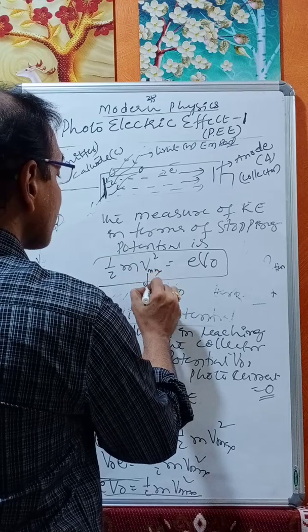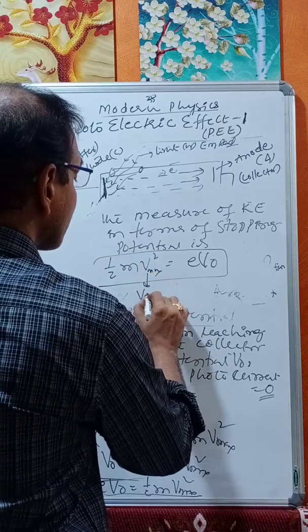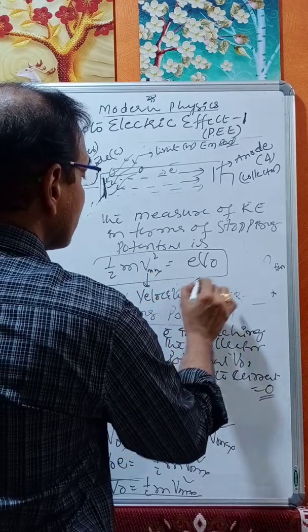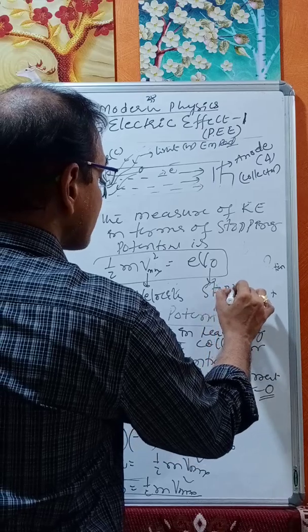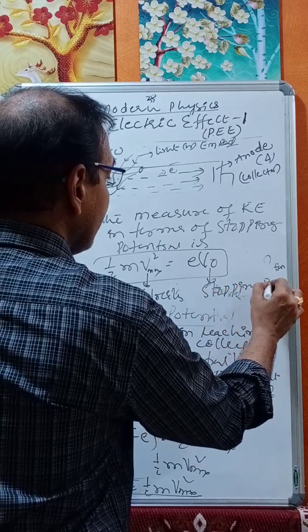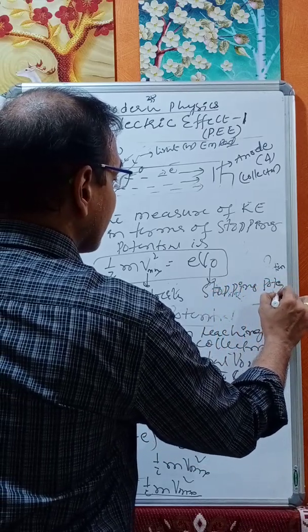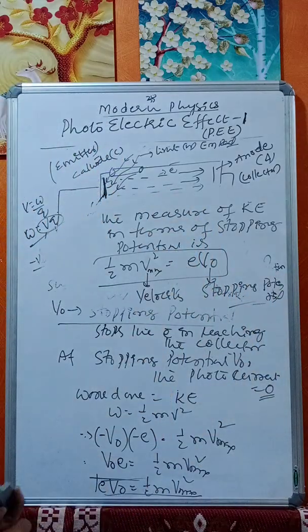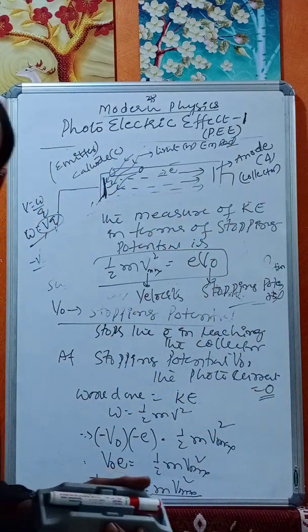Here, this is velocity and this is stopping potential. Remember, no confusion. Okay, this is a basic introduction to the photoelectric effect.